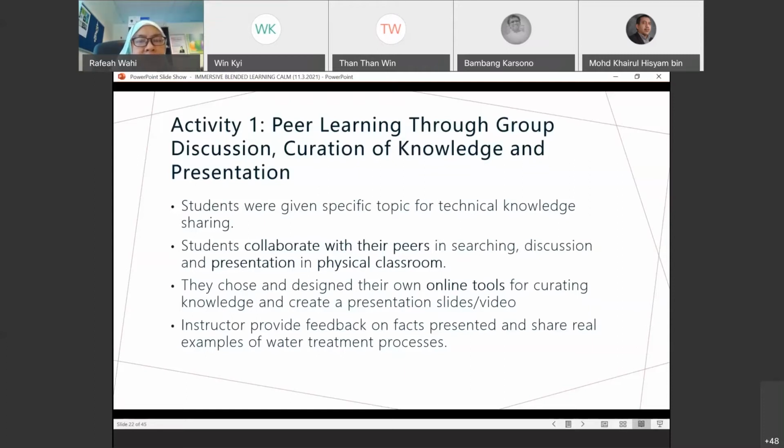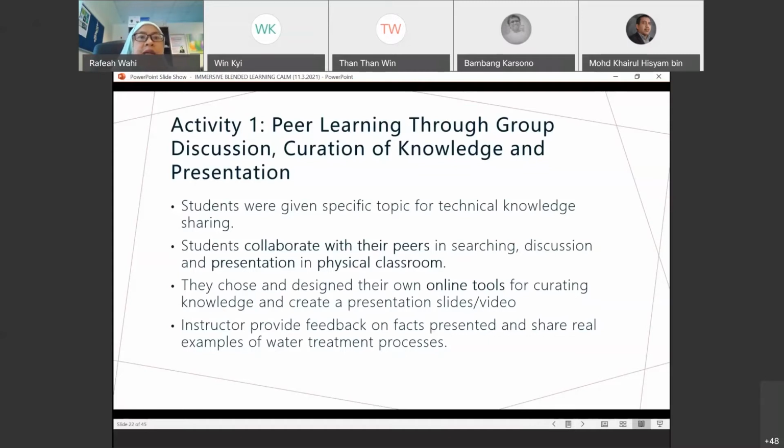And then we as instructors encourage them to explore interactive presentation tools online, so that throughout this process they not only learn the content of the course but also they learn something else, okay, digital skills. And then the instructor provides feedback on the facts presented.